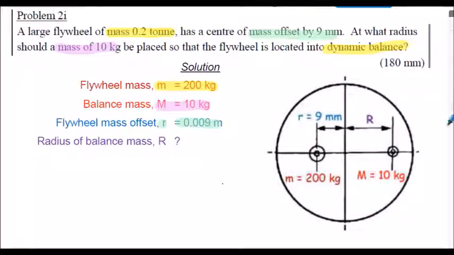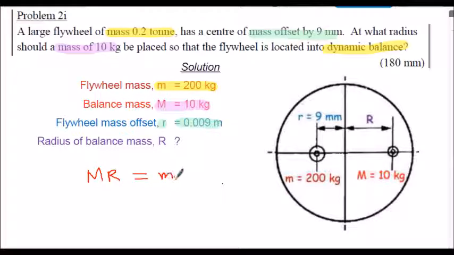Okay, so going back to equation 3 in our notes, you've got these masses that are diametrically opposite to each other. So if I call it big M multiplied by big R, the balancing mass multiplied by the balancing radius, it must equal the mass of the flywheel.